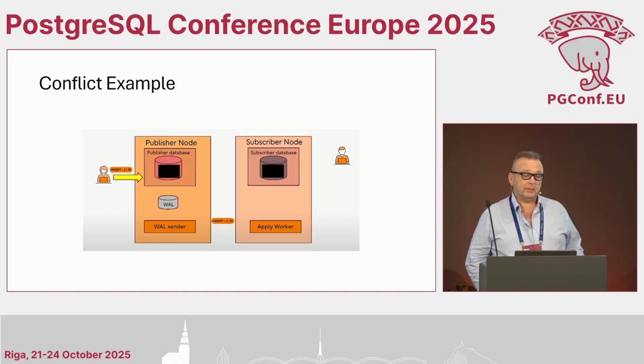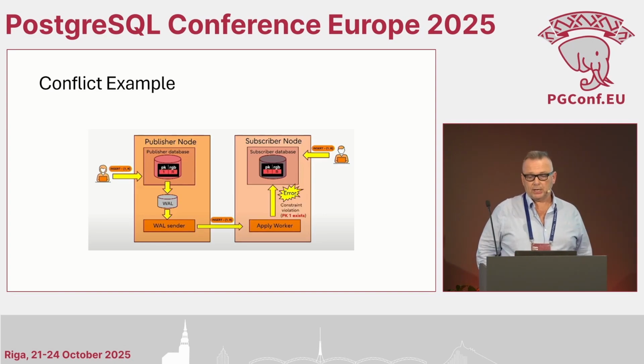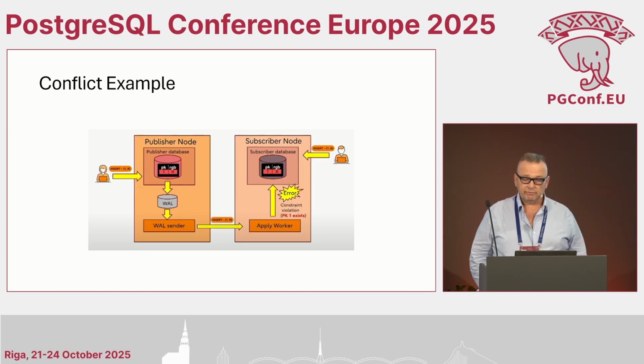And of course, this then means that the apply fails, and this is what we mean by an example of a conflict. So as you can see, we get an error, replication fails, because we had a duplicate key constraint violation. And this is a typical example of a logical replication conflict.